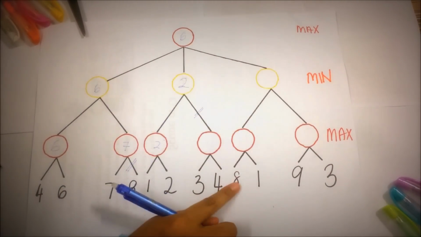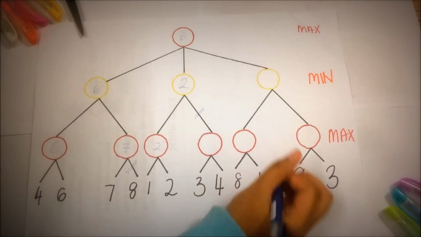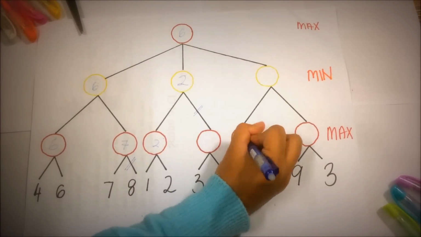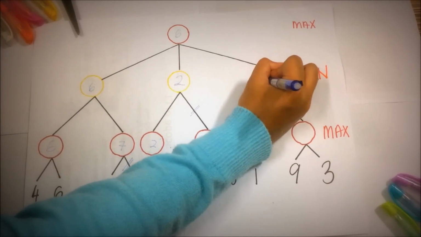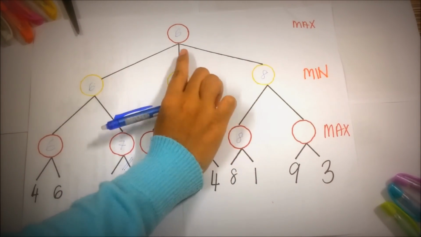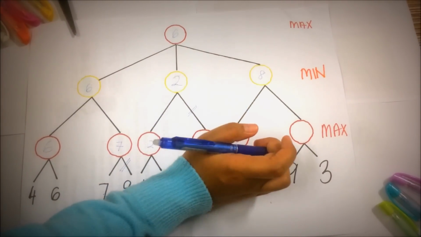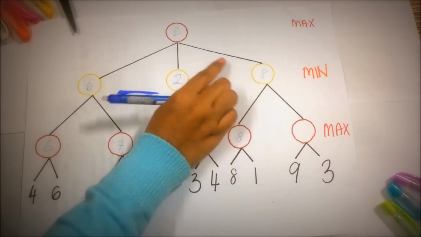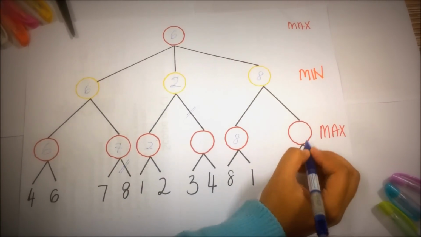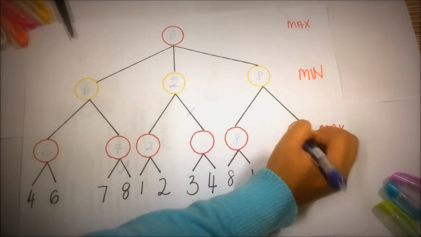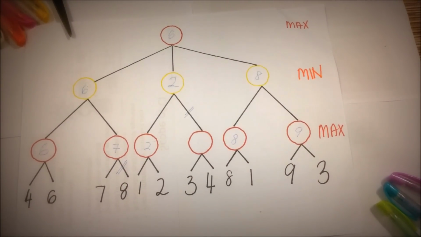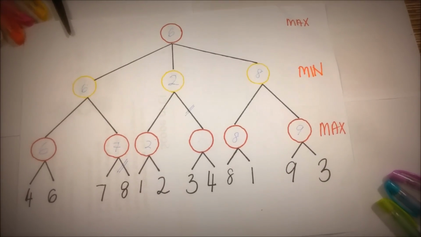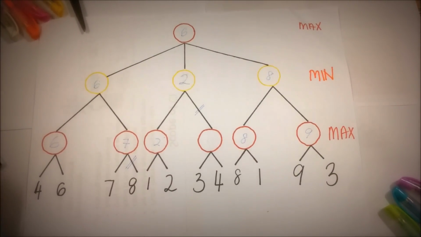Next, we will evaluate 8. By comparing 8 with 6, there's no rule that we can use here since 8 is greater than 6. So next, we will execute 9. We have to compare 9 with 8. 8 is the minimum ancestor while 9 is the alpha maximum value.